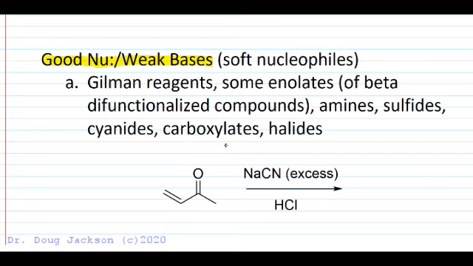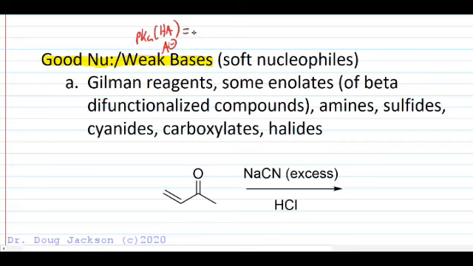Weak bases means that the pKa of the conjugate acid, whether it's protonated with a plus formal charge or neutral, doesn't matter. Each acid's listed in a table with its conjugate acid pKa.